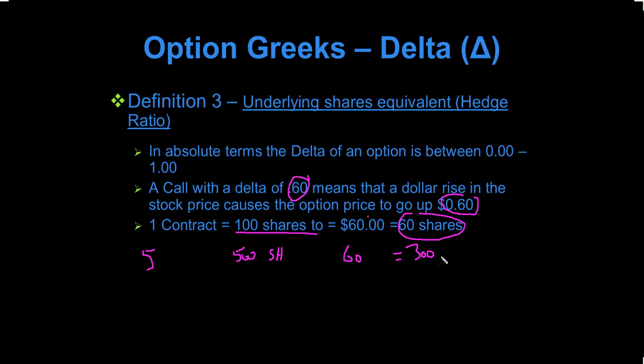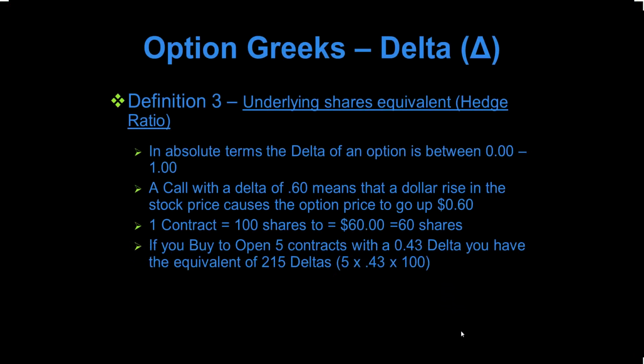That gets very important when you get into the intermediate and advanced stages, where you're going to start hedging and you're going to start using synthetics to really manage your position better. So I just showed you another example here. I changed the delta, so now you've got a delta of 0.43. I'm buying 5 contracts. I'm buying them to open, so my total position is 215 deltas. You may have heard the term, what are your deltas in the position?